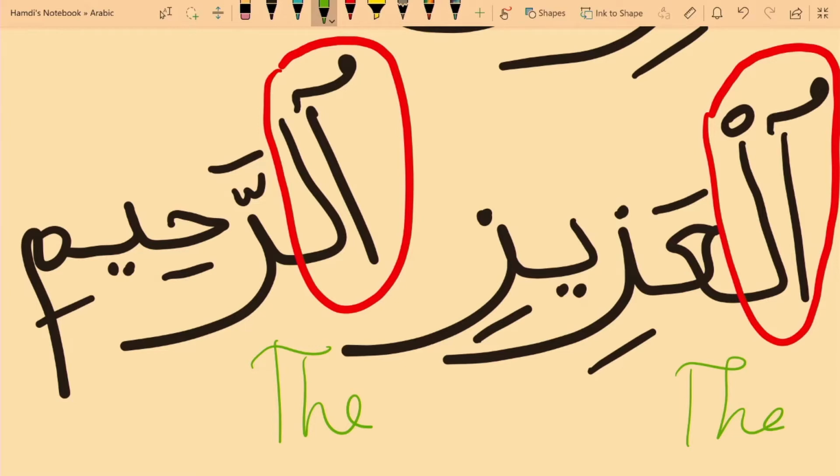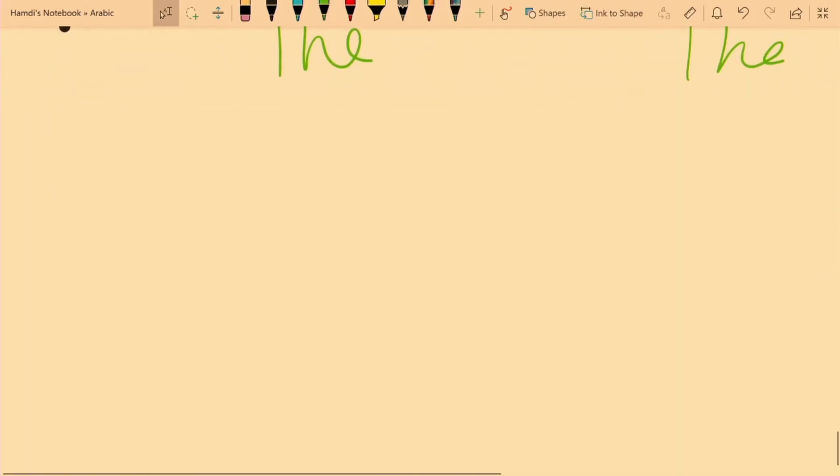So it sounds like Ar-Rahimi, like that, or Ash-Shamsu, etc. So let us study that slowly now. Again, we are still studying the L, which is the equivalent of the in English.